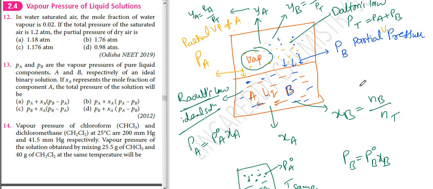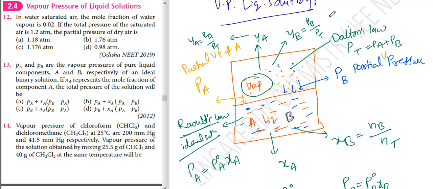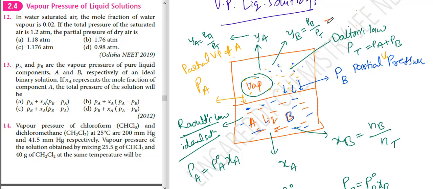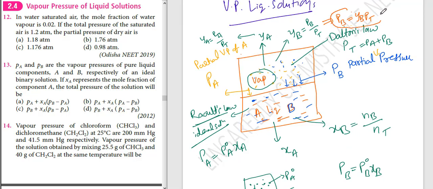Right. So if I write PB from the vapor phase, I will change the color. PB equals YB into P total. And PB equals P naught B into XB. So both PBs are same.